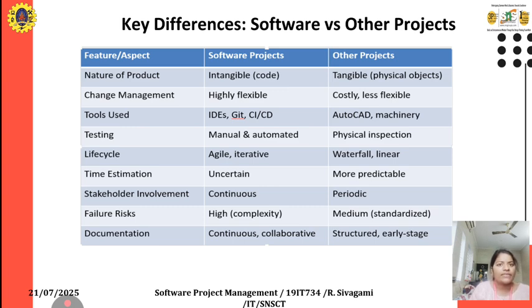The next ones are life cycle, time estimation, stakeholder involvement, failure risk and documentation. These are the feature aspects, and I gave the differences between software and other projects.